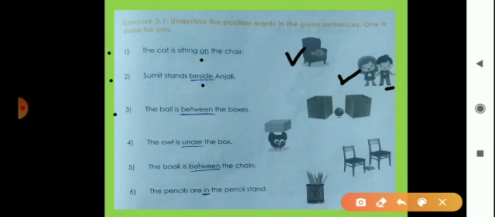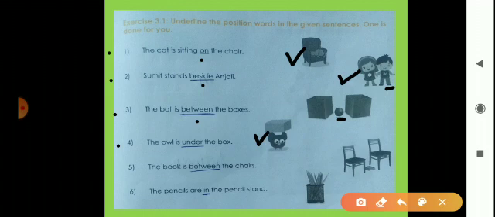Now third, the ball is between the boxes. Now the position of the ball, where is it? Between the boxes. So the word between is underlined, because it shows the place of the ball. Now fourth, the owl is under the box. Look here. Where is the owl?